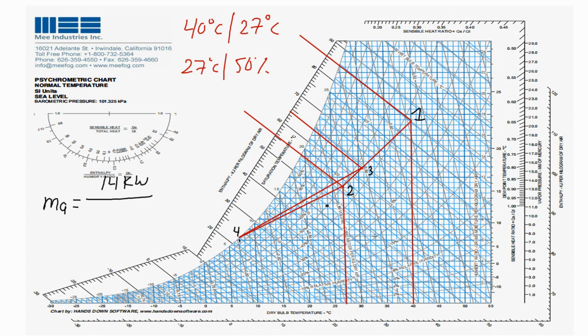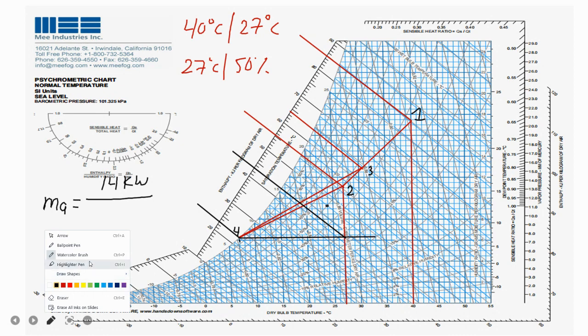So it strikes at a point here. From this point we see the enthalpy, and it comes out to be 43, and the enthalpy at point 1 is 23. So this is 43, this is 23.